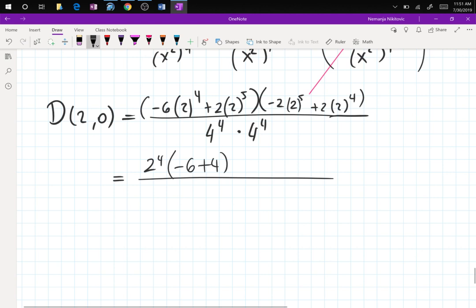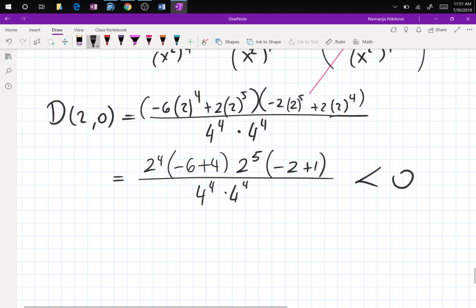All of that times, I can kick out 2 to the 5, and it's left with negative 2 plus 1, divided by 4 to the 4 times 4 to the 4.